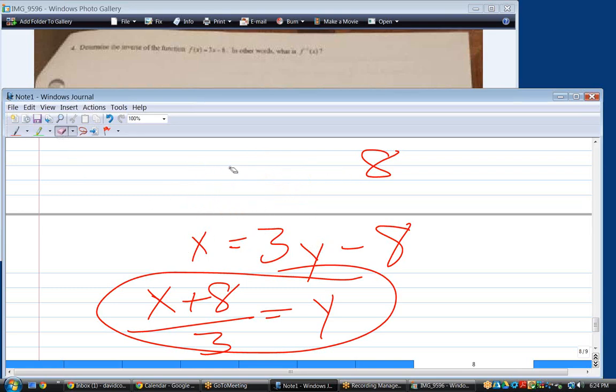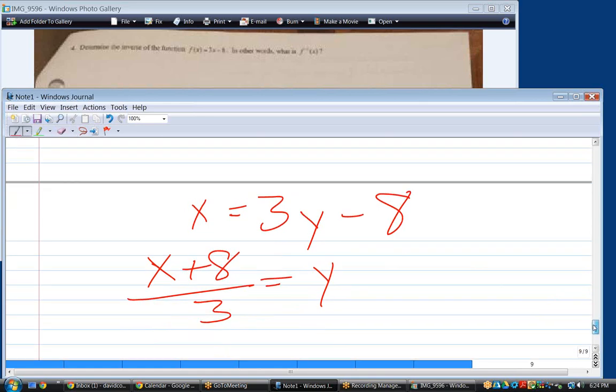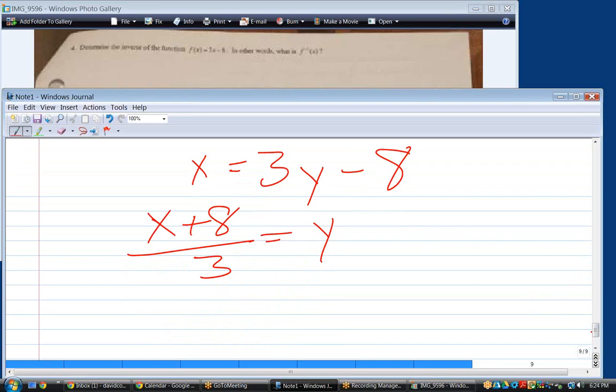I do think a lot of math is based on memorizing stuff in a systematic way, and so I do think it's a good way to always do it one way or the other, just for memorization sake. And then if you want, you can replace that y with f inverse of x. In other words, that now becomes that.